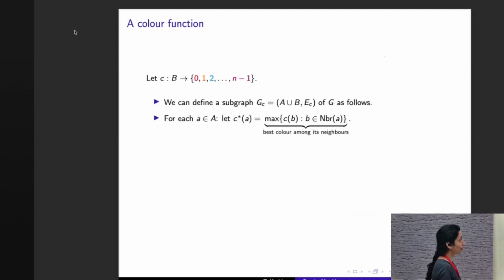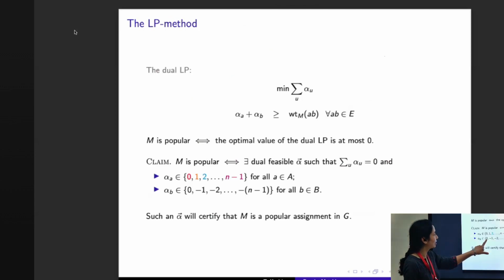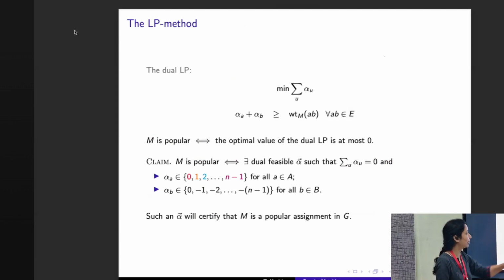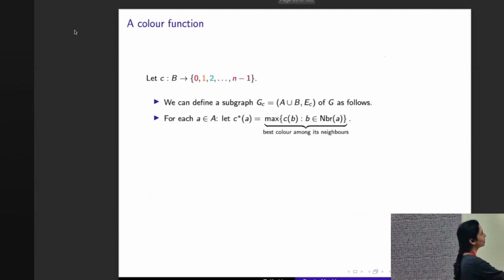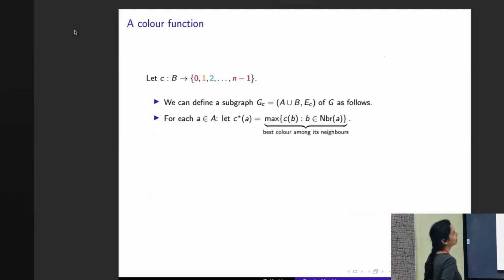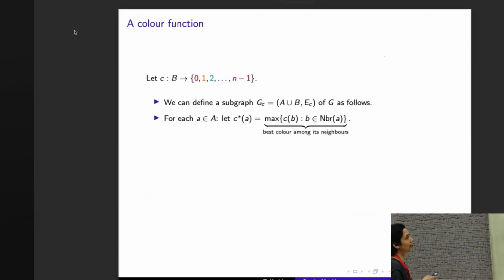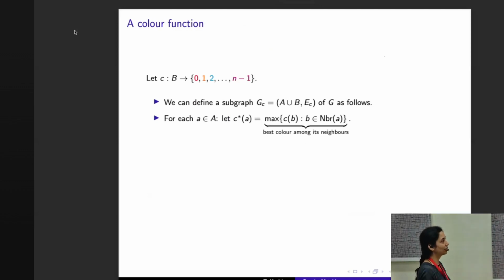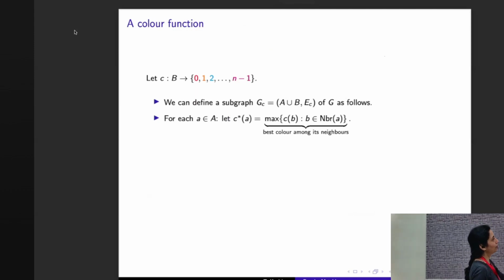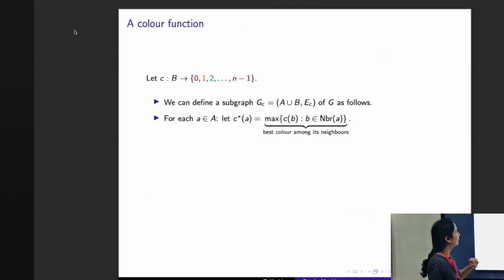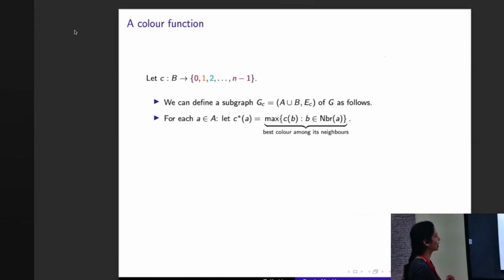So the alpha values of items are 0, -1, -2, and the alpha values of agents are non-negative values. But let's first think of a coloring function for the items. Suppose there is a coloring function on items and every item gets one of these colors. Let's define a subgraph G sub C, where C is this coloring function, as follows.